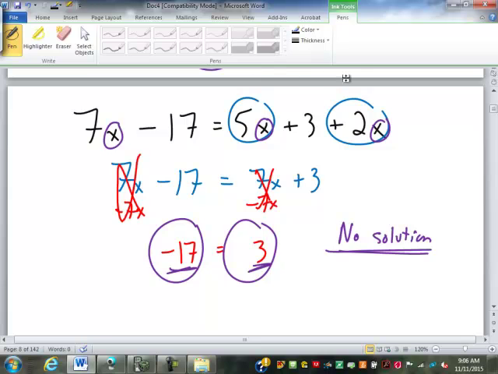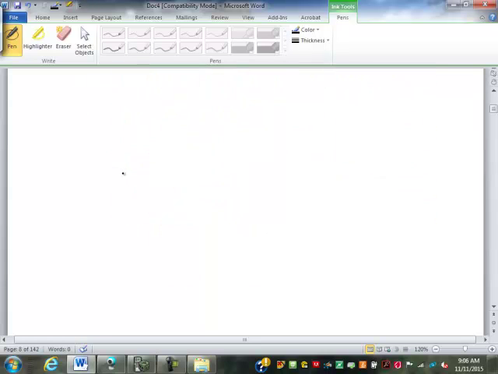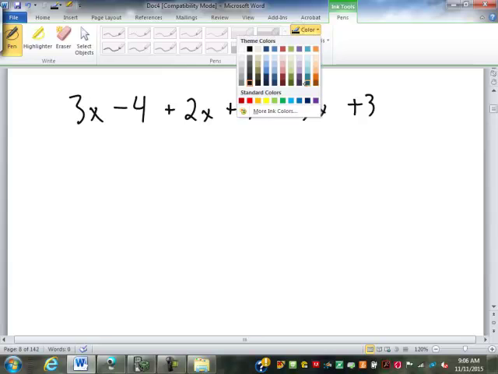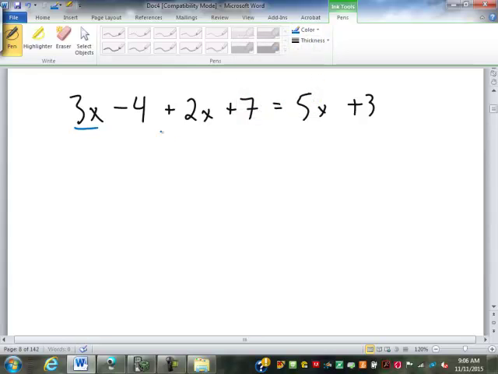Now the other side of that is I can have an equation like this. I go to combine things here. I've got the 3x and the 2x make 5x. I have negative 4 and positive 7 make positive 3.